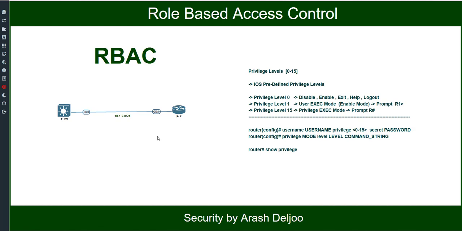With AAA, network devices can use the TACACS+ protocol to authenticate users, authorize commands, and provide accounting information. Since the configuration is centralized on the AAA servers, access control policies are applied consistently across the whole network. However, it is still recommended to use local authentication as a fallback mechanism in case the AAA server becomes unavailable.